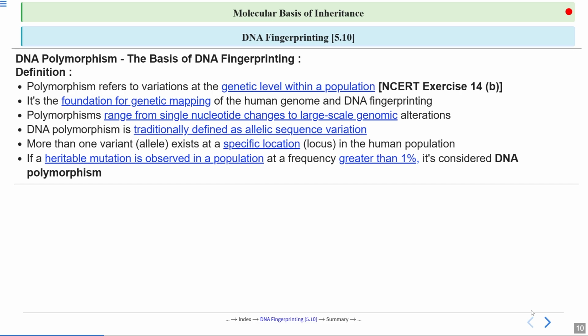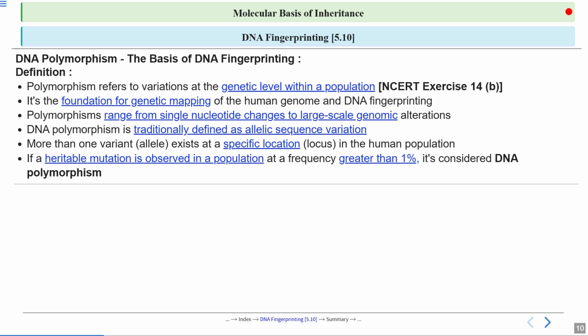Let me help you understand this concept in more basic terms. Polymorphism is the variation at the genetic level, at the gene level, among individuals within a population only.